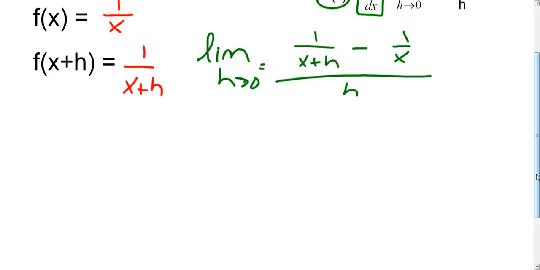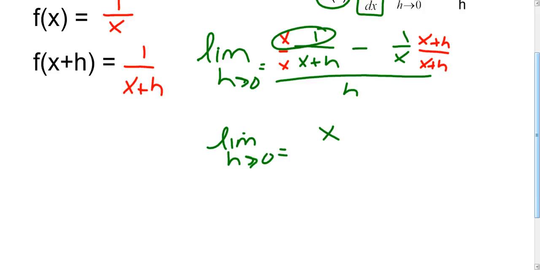Okay, again, can't plug 0 in for h right now because that would give me a 0 in the denominator. So I'm going to get common denominators. I'll multiply this by x over x, and I'll multiply this by x plus h over x plus h. And now here I have x. And here I need to take this -1 and distribute it through the parentheses.